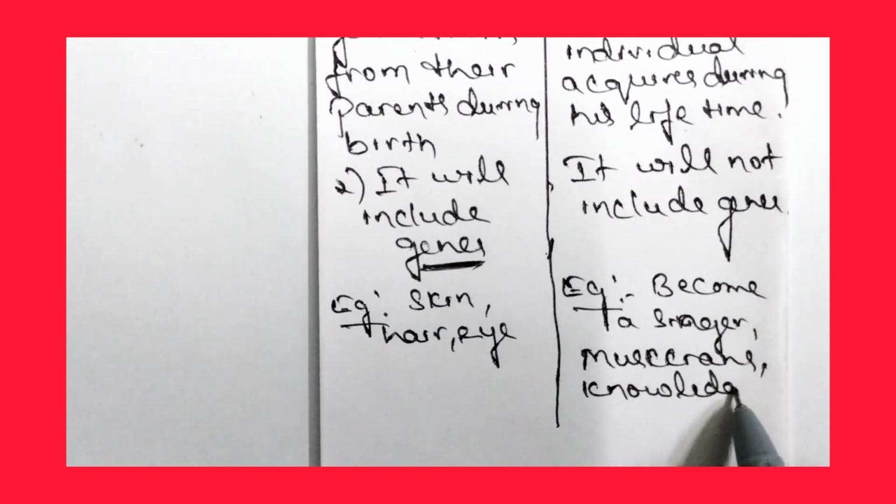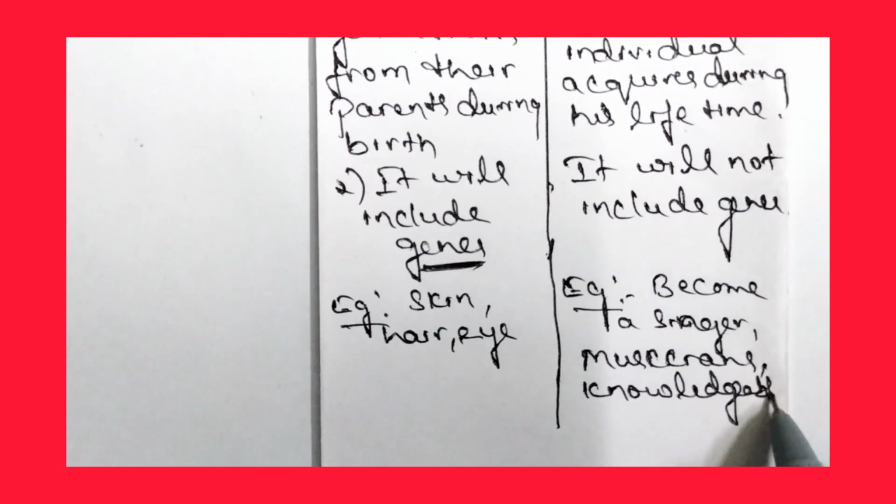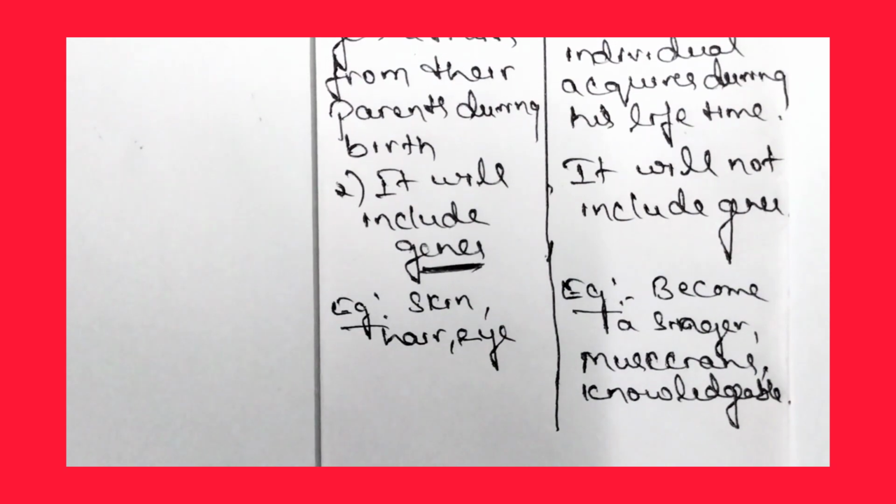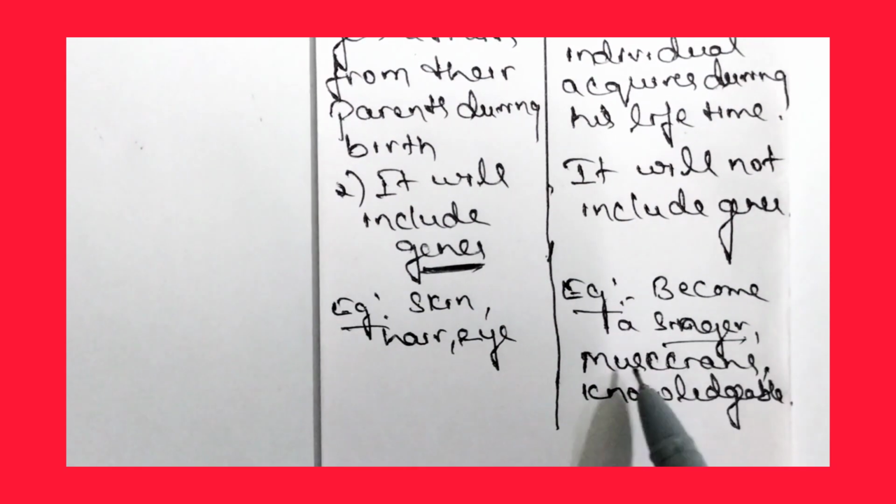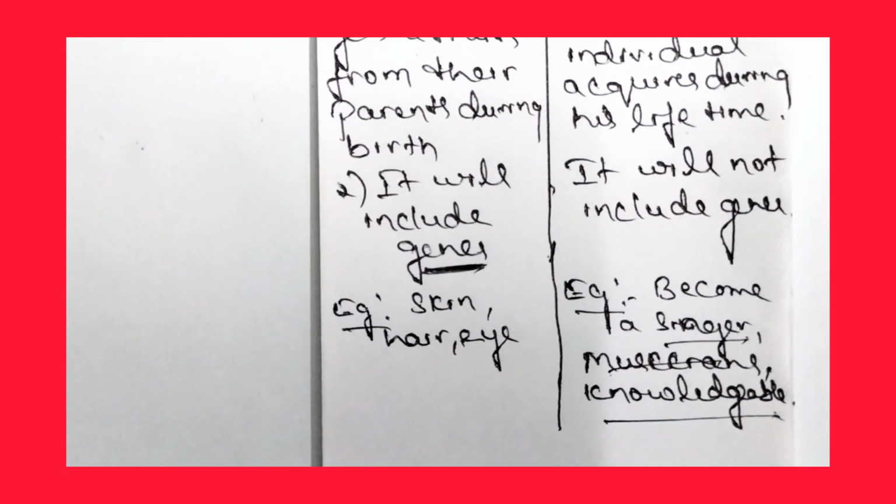All these are acquired because of his effort. Because of his effort he becomes a singer, a musician, a knowledgeable person. It is not because of genes, but because of his effort, his concentration, and his interest. This is called acquired traits.